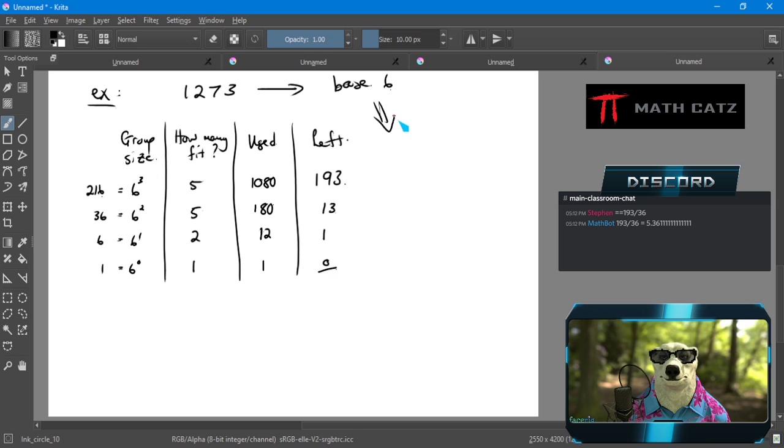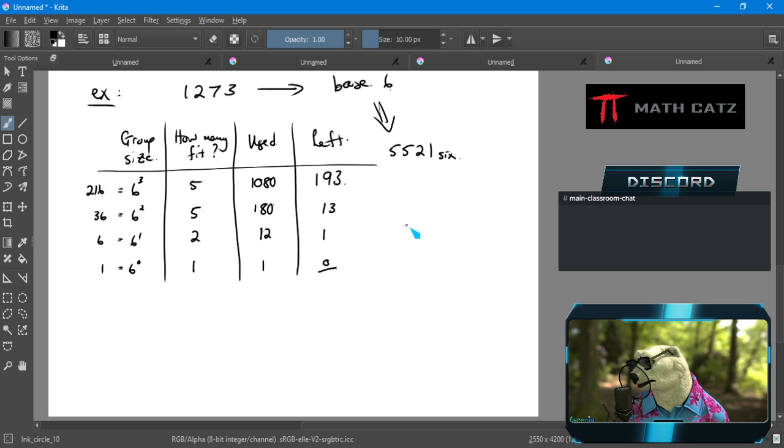So that would mean that my number is 5, 5, 2, 1, base 6. But I go in knowing, okay, I know what I'm going to do when this is the conversion they're asking. I have confidence in my method, and it'll guide me to the answer.